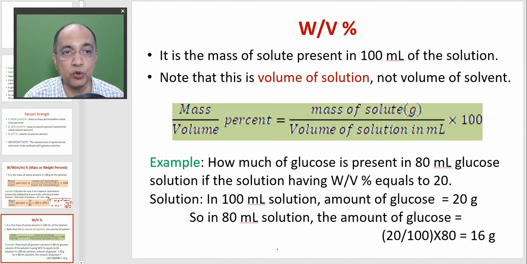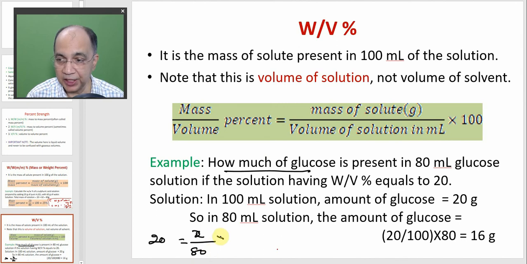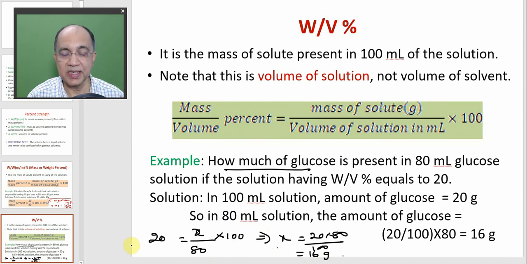See what I am doing here. This is given and this is 20%. So 20% is equal to mass of the solute you want to find out, X, divided by volume of the solution, 80 ml, into 100. Which implies X is equal to 20 into 80 by 100, that is equal to 16 gram. Right? So any method you can adopt, unitary method or the direct formula method, your choice.